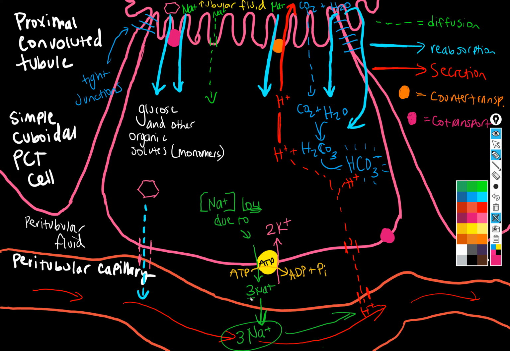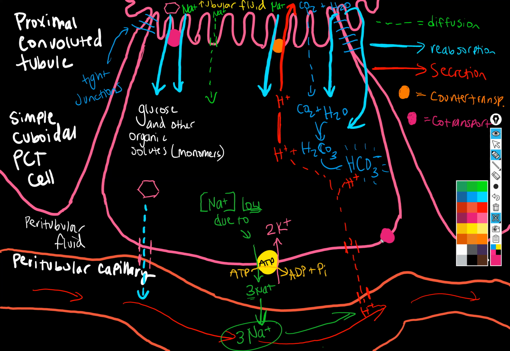But here's another thing. If we're constantly forming bicarbonate in here and separating it from its conjugate acid and the other two compounds that make it, if I have sodium that's already low inside of the PCT cell, then this motion is due to pumping, right?